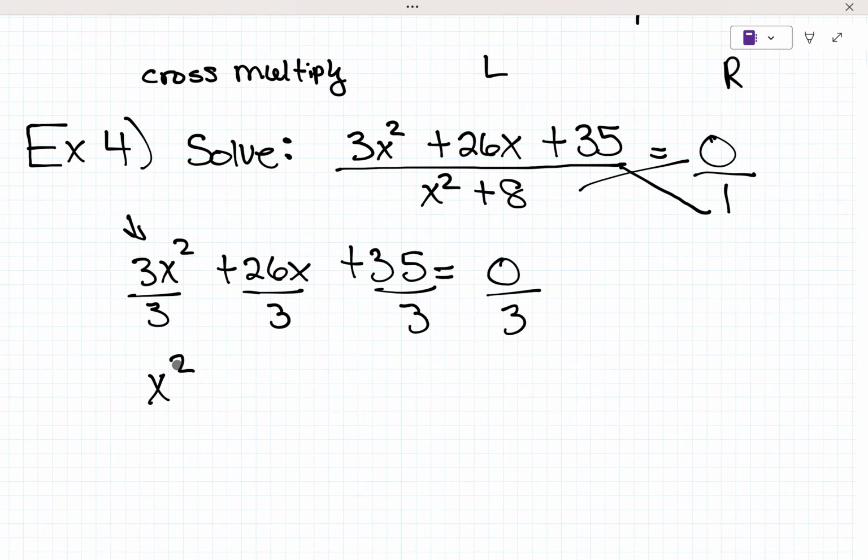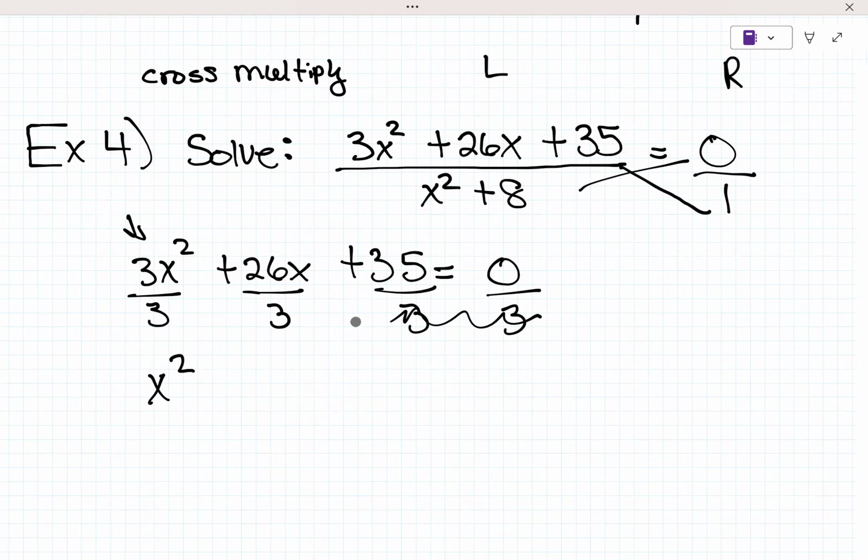And then over here, what's 26x over 3? Actually, I take that back, 35. This doesn't come out nicely. So yeah, I take that back.